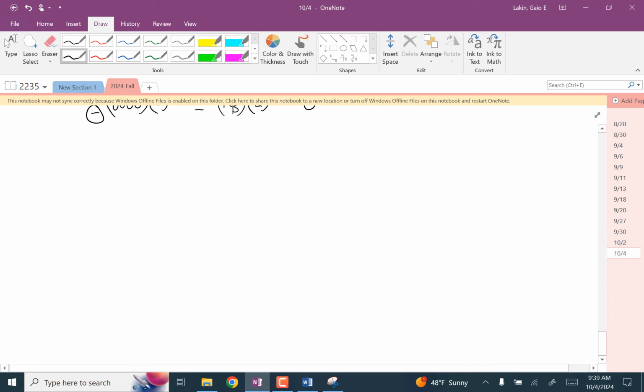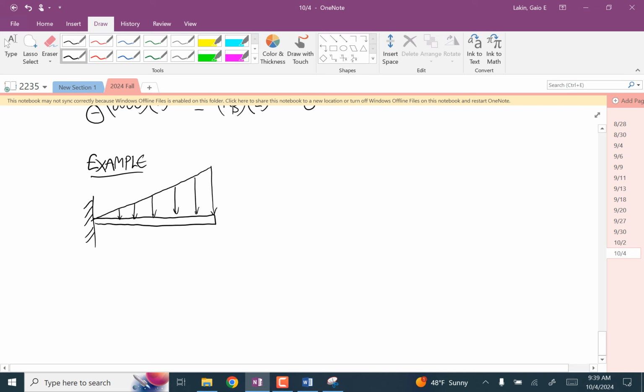Okay, so the second example. Let's say we have a cantilever beam with a fixed joint with the wall and a triangular distributed load like this with a maximum value of 10,000 newtons per meter.